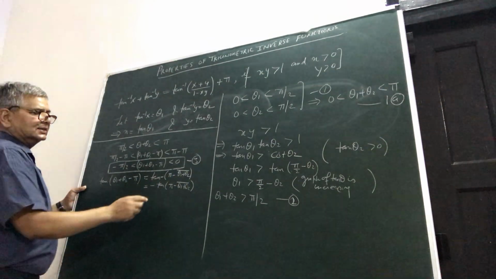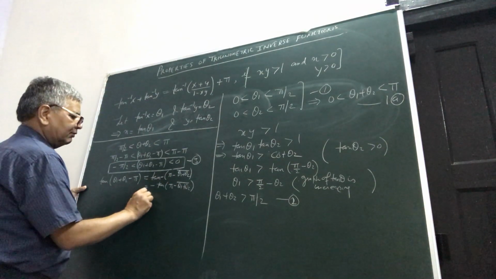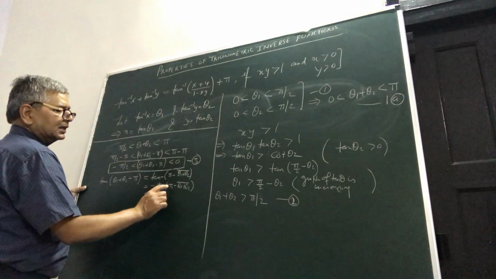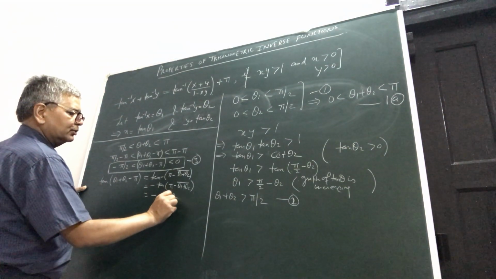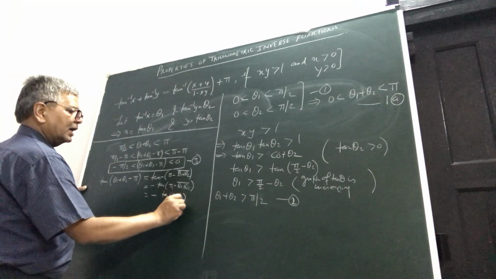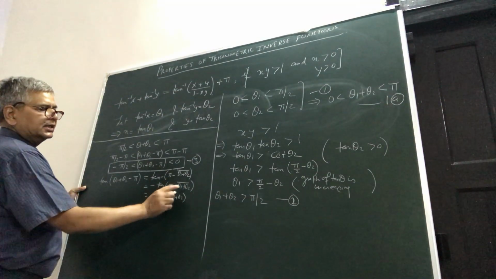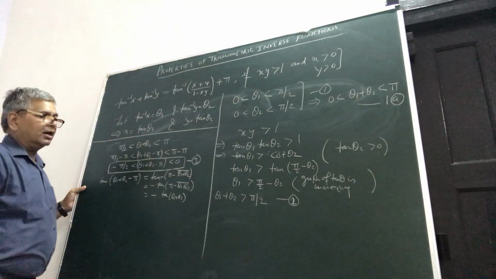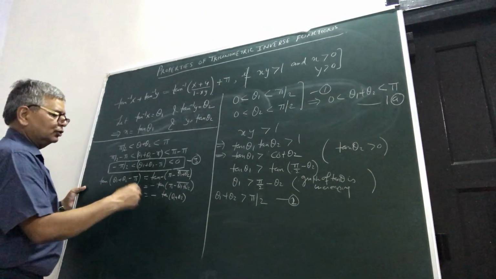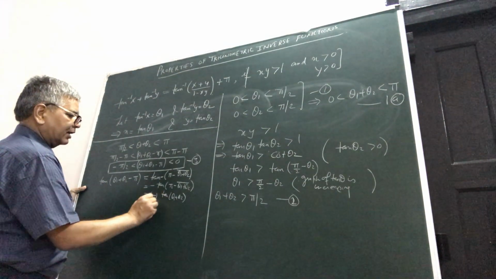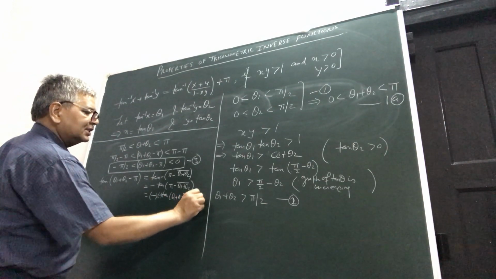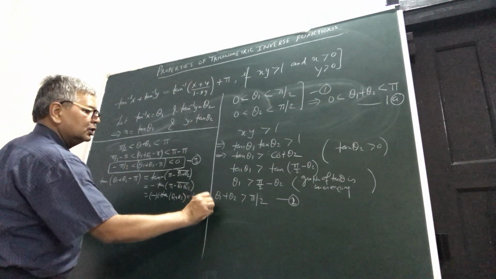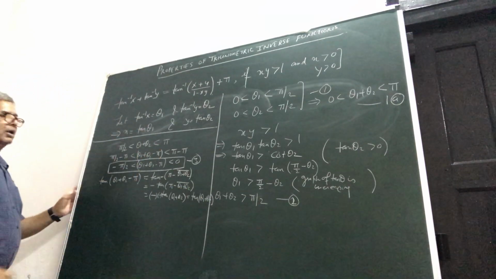Now, pi minus this thing: since it is pi, there will be a minus sign, and tan will remain tan, tangent theta 1 plus theta 2, and this falls in the second quadrant. In the second quadrant the tan function is negative, so you get one more negative sign apart from this, minus minus, and eventually you get only tangent theta 1 plus theta 2. So this is the most important result.